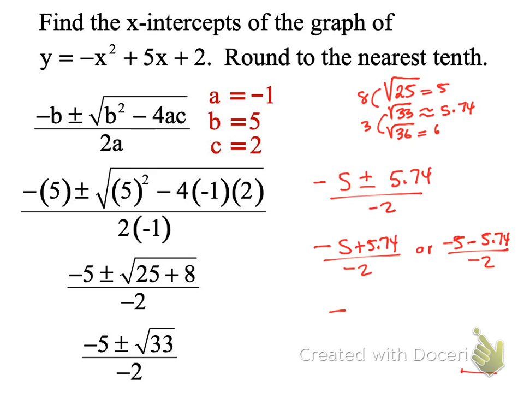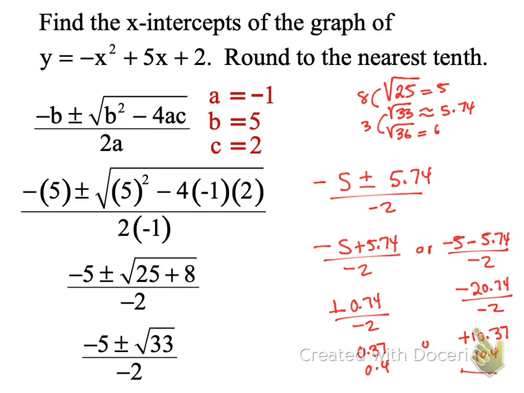This becomes negative 0.74 over -2. So it should be positive. So what is it? 0.37, so 37 hundredths. Or this is negative 10.74 divided by -2. So it would be positive 5 and 37 hundredths. And they want us to round to the tenth, so I guess it would be about 5 and 4/10, or 0 and 4/10. Let's see how close we are.